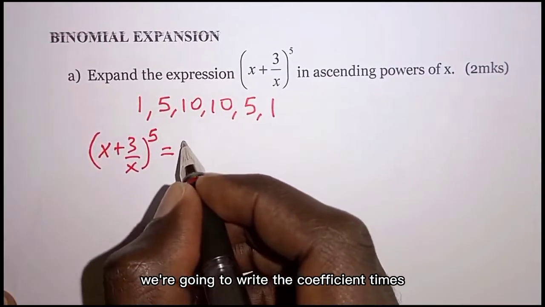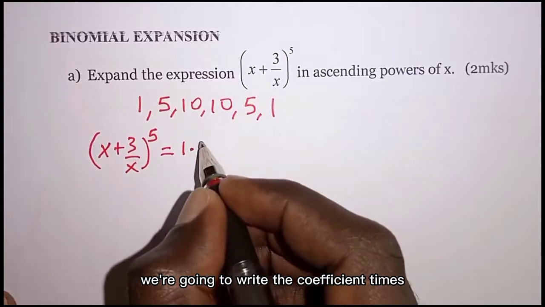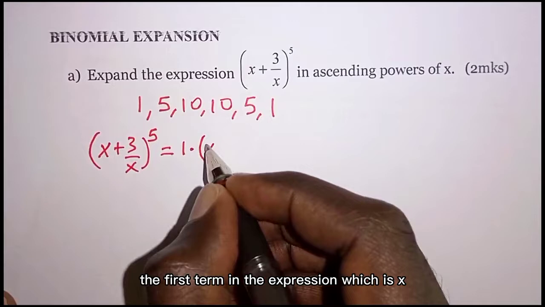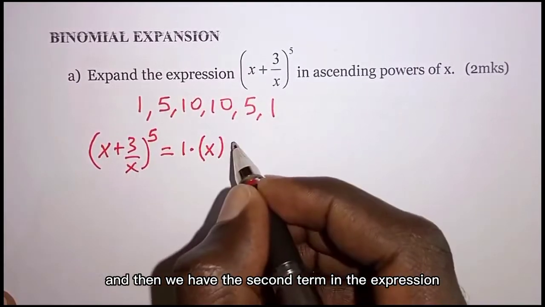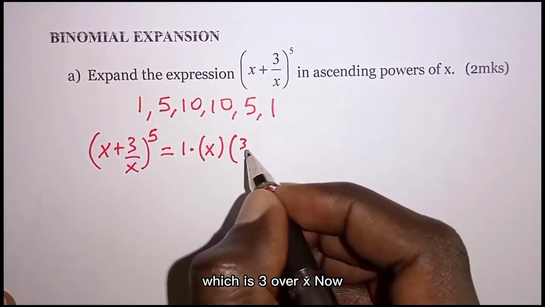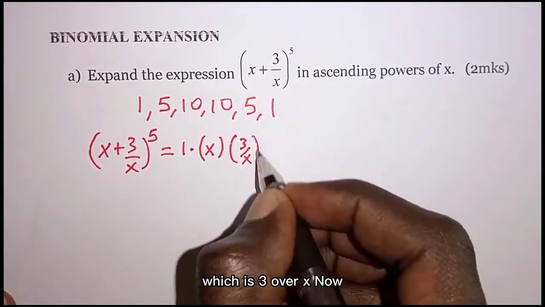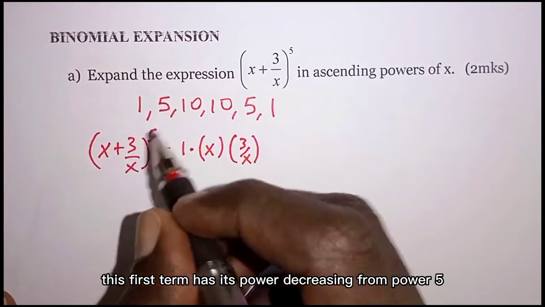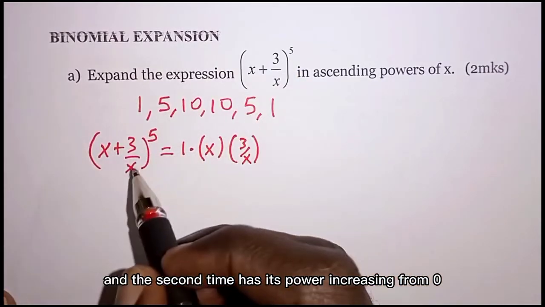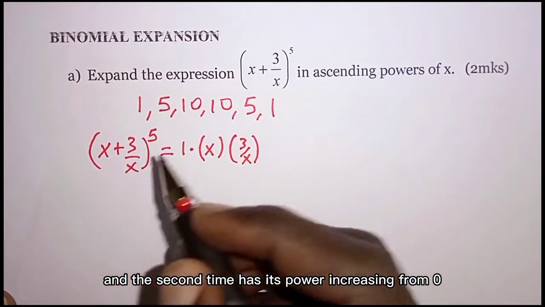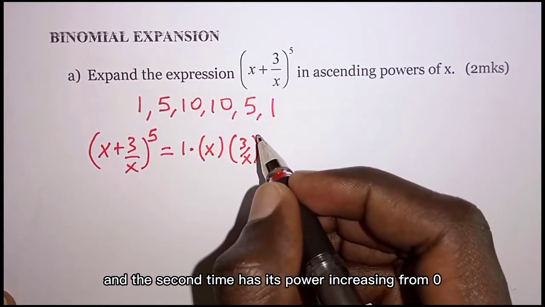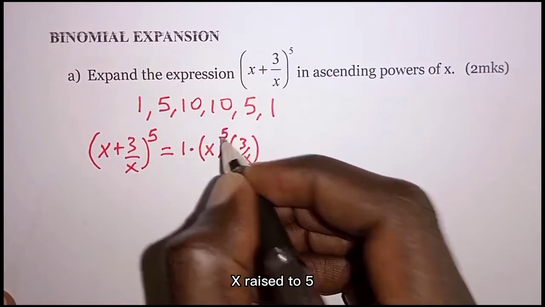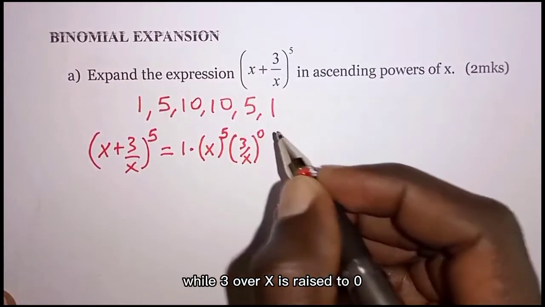We're going to write the coefficient times the first term in the expression, which is x, and then the second term in the expression, which is 3/x. Now, the first term has its power decreasing from power 5, and the second term has its power increasing from 0. So x^5, while 3/x is raised to 0.